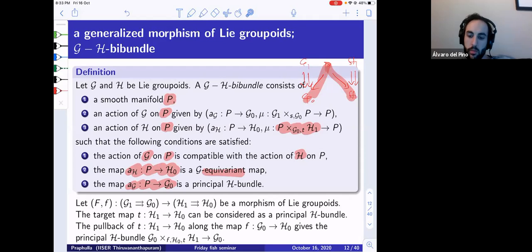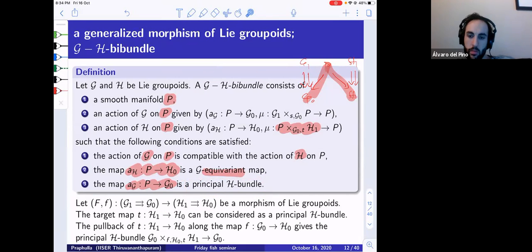So as I mentioned before, every bibundle can be treated as a generalized morphism. That means for every morphism of Lie groupoids, I can associate a bibundle. And how do I do that? I take a morphism of Lie groupoids F from G to H, and for this I need to associate a bibundle. So the first thing is I need to look for a principal H bundle.